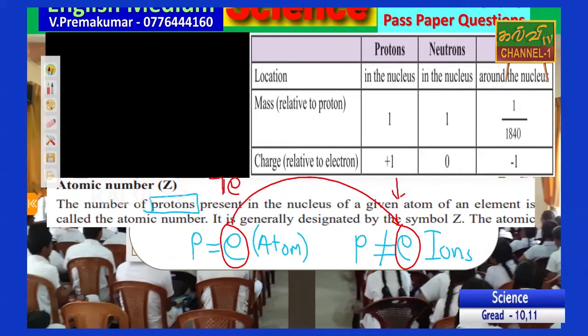Sometimes if it has 7 electrons, it gains 1 electron, so it becomes 8 electrons, an increase. So the number of electrons can change according to atomic properties when they become ions. But the number of protons is always the same in ions or atoms, it is equal.